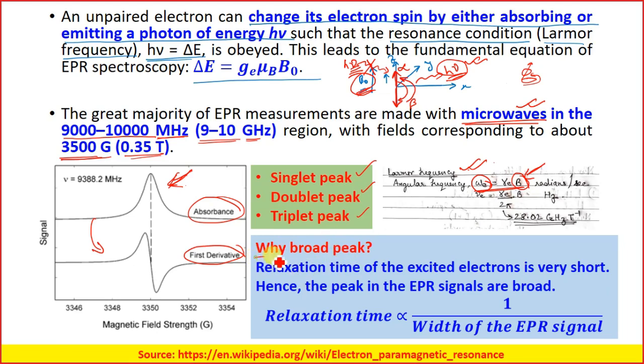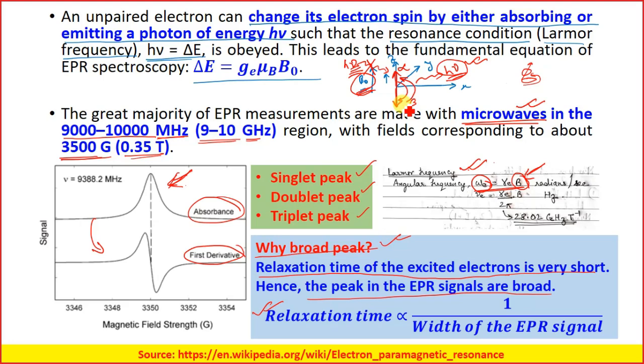Now why do we get a broad peak over here? This is because the relaxation time of the excited electrons is very short. Hence, the peaks of the EPR signals are broad, because the relaxation time is directly proportional to the width of the EPR signal. Now, what is the relaxation time basically?